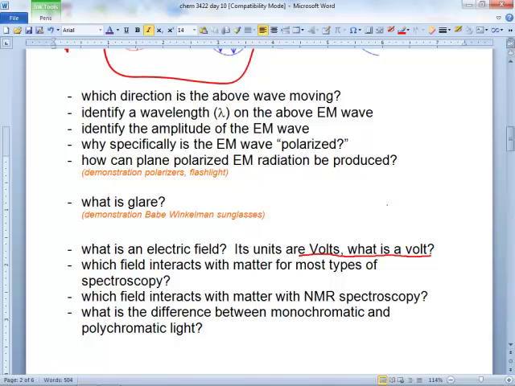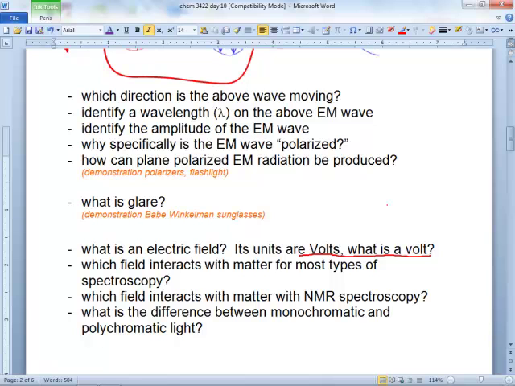Joule per coulomb. And what is a joule? A joule is a unit of energy. So it's really energy per unit, what's a coulomb? Charge. It's energy per unit charge. So a huge voltage can really make a charge fly, because it's energy per unit charge.